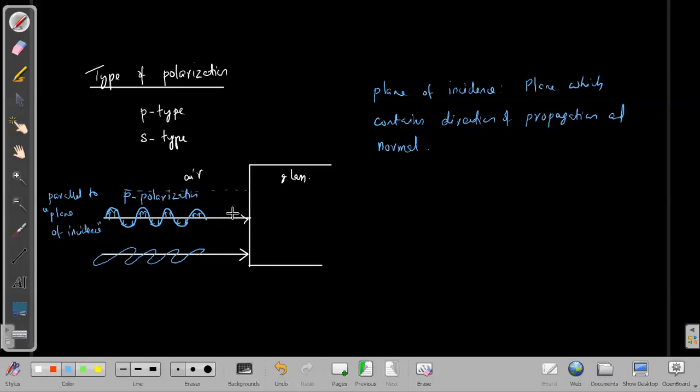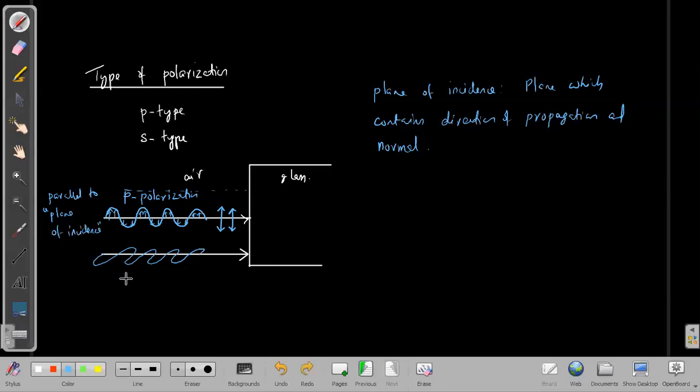Graphically, I will denote such polarization as a double-sided arrow. So this is the graphical representation of p-type.